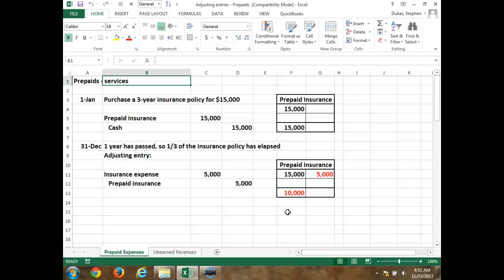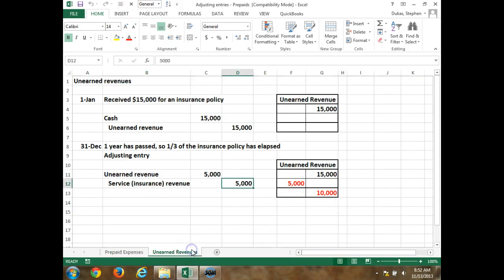Let's look at this from the insurance company's point of view. If we prepay an insurance policy, what that means is that from the insurance company's point of view, they have unearned revenues. Just like we have not received the benefit yet, the insurance company has not provided the service yet.